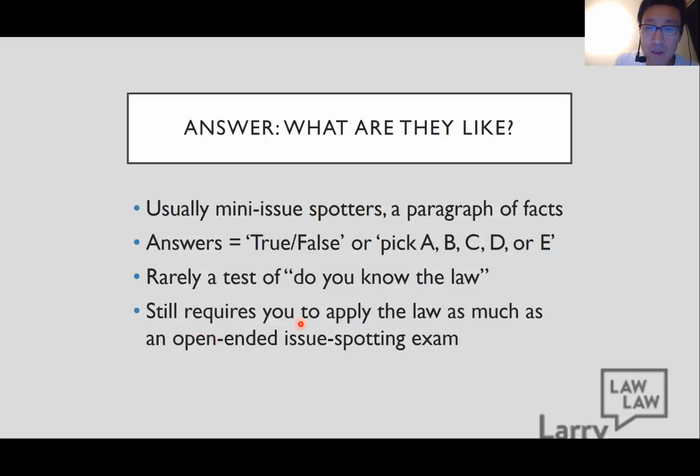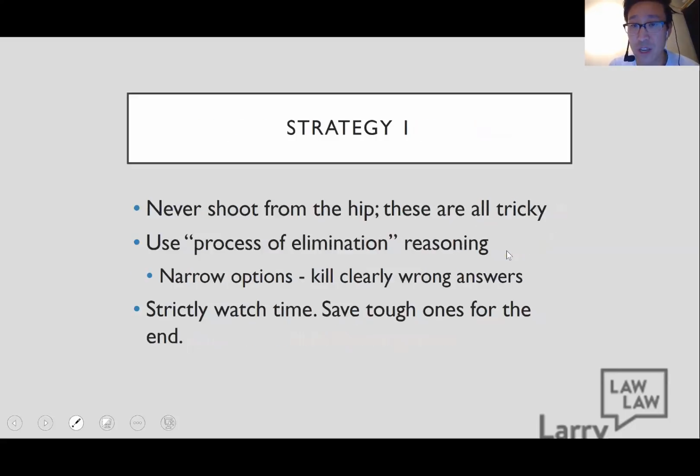So you're still doing the same mental exercise when you look at the facts. It's still a fact pattern and an issue spotter, but rather than laying out all of your work, they're testing your ability to issue spot by whether you pick the correct A, B, or C, which deals with different elements and gets to whether you understand the legal issue at stake.